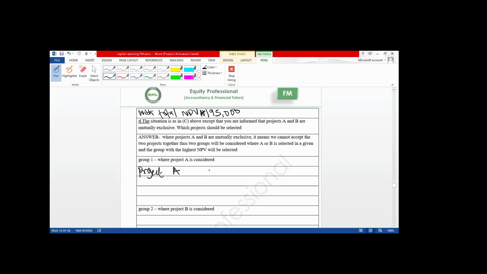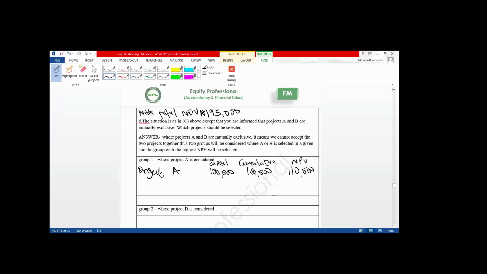Capital required, cumulative, NPV. Capital required here 100,000. Cumulative 100,000. NPV 110,000.